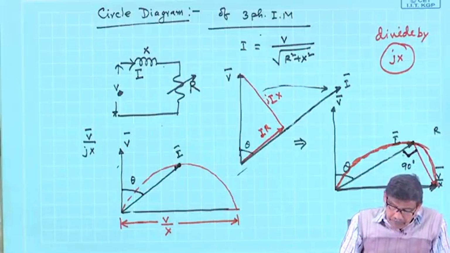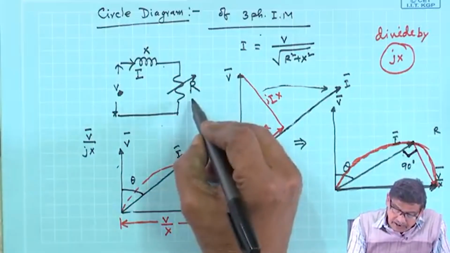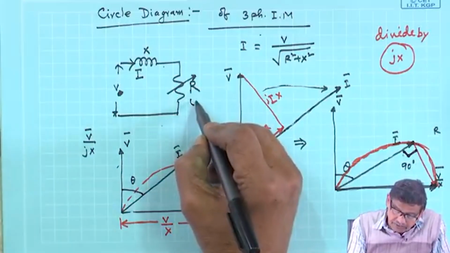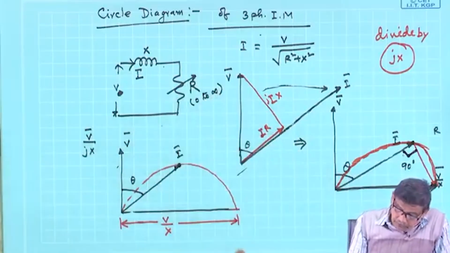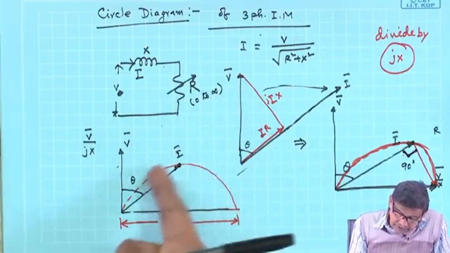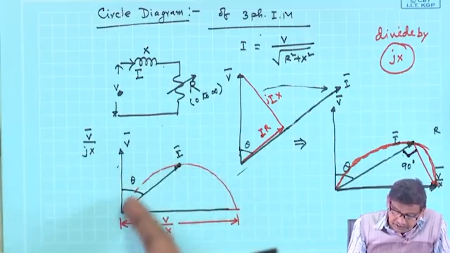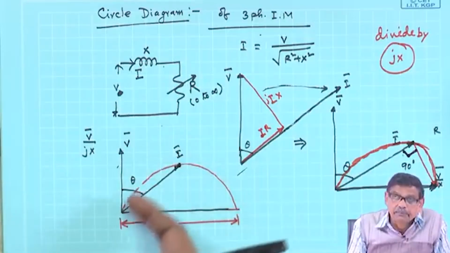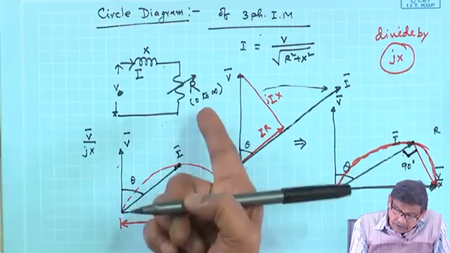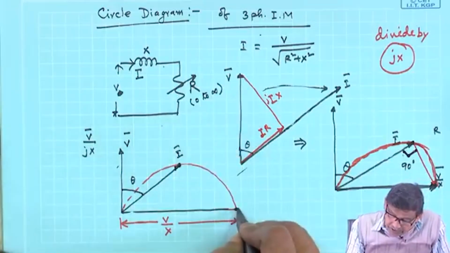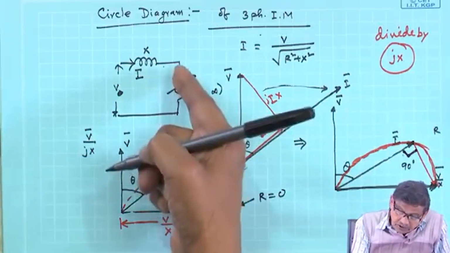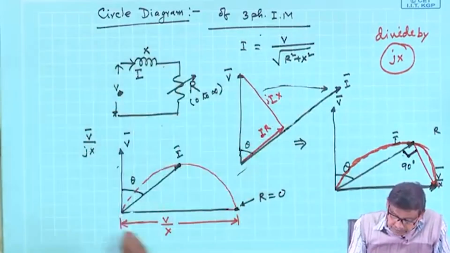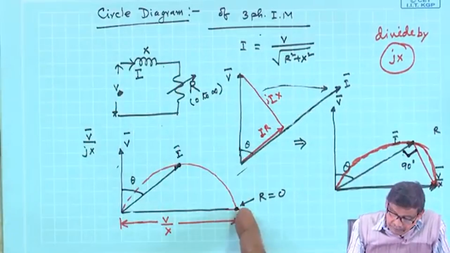Okay. Now, since I am varying r from 0 to infinity, where on the perimeter of the circle does the tip of the current phasor lie? Where r equals 0, it is at this point. This point is r equal to 0, because r equal to 0 means it is shorted, purely inductive, V by x, this is the point.